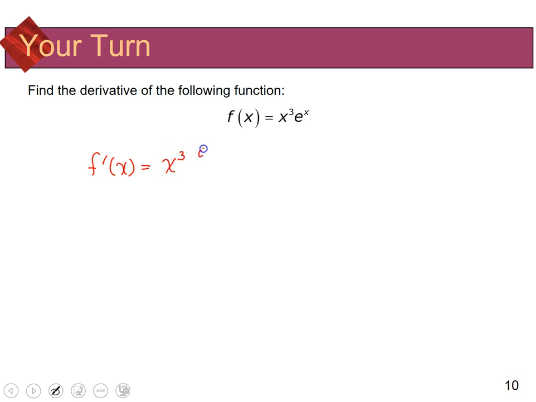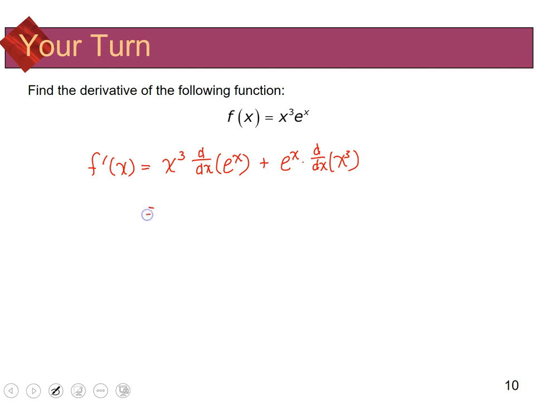and if you want to take the extra step and write out your intentions and say I'm going to do the derivative of the second plus the second times the derivative of the first, if you want to write this extra step out, you can. It does help you keep track to make sure that you've done what you need to do, because sometimes students will go through and write things, and then in the process of writing it out, they actually don't do a derivative.